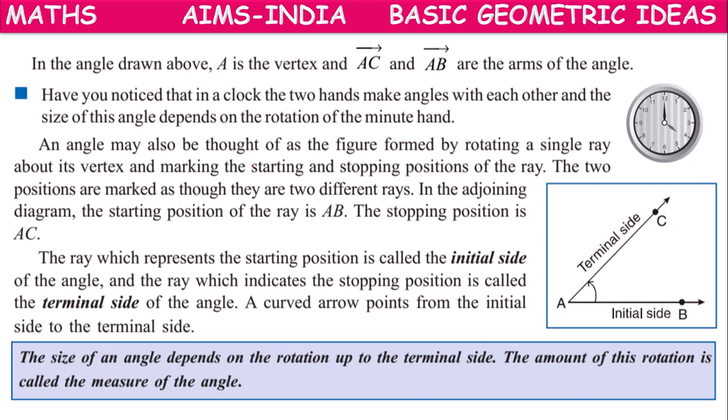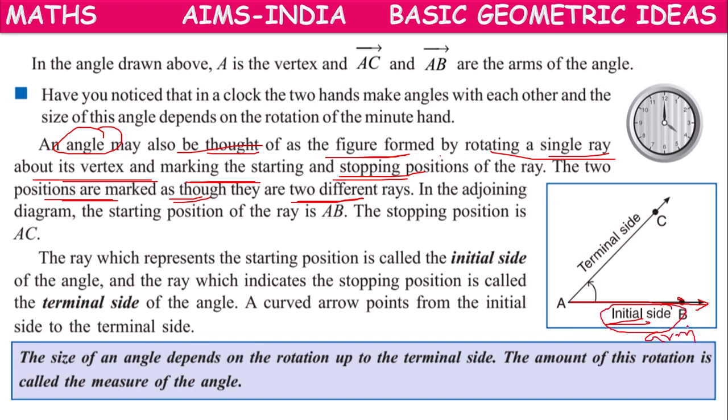And one more thing. An angle may also be thought of as the figure formed by rotating a single ray about its vertex, with a starting position and a stopping position of the ray. The two positions are marked as though they are two different rays. Suppose AB is the ray here, it is the initial ray, initial side, initial arm.